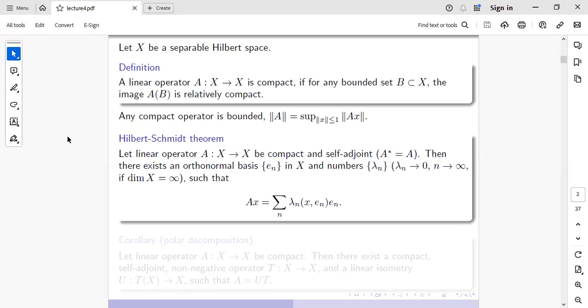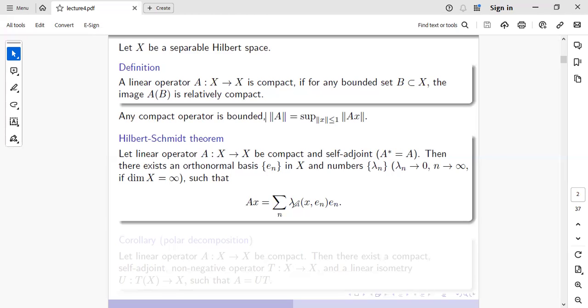For compact self-adjoint operators, the Hilbert-Schmidt theorem holds. It states that there exists an orthonormal basis in X that consists of eigenvectors of operator A. In other words, we can write A as the sum over all eigenvectors e_n of some numbers lambda_n times the inner product of x and e_n, times e_n.